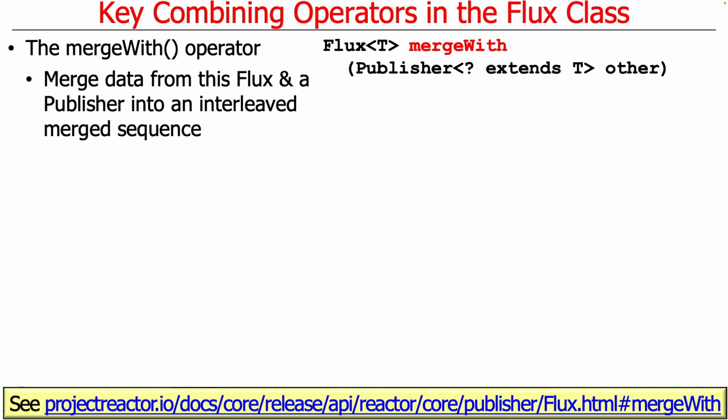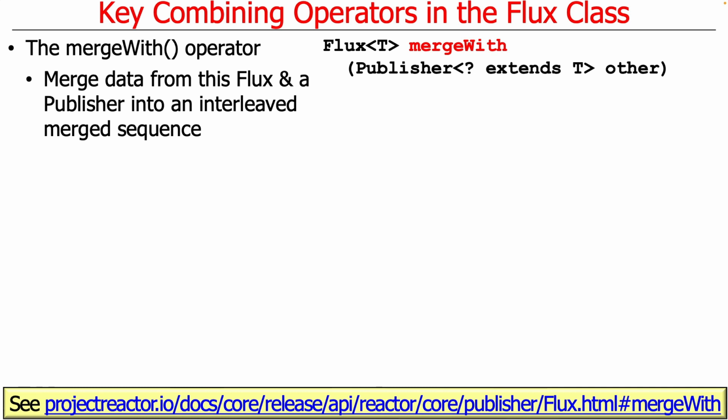The next operator we're going to talk about is much more interesting and much more useful. It's called mergeWith. What it does is it takes the data that's in the flux that's calling mergeWith, and it takes a publisher, which can emit values, and it will end up, as the name suggests, merging them or combining them into an interleaved merged sequence.